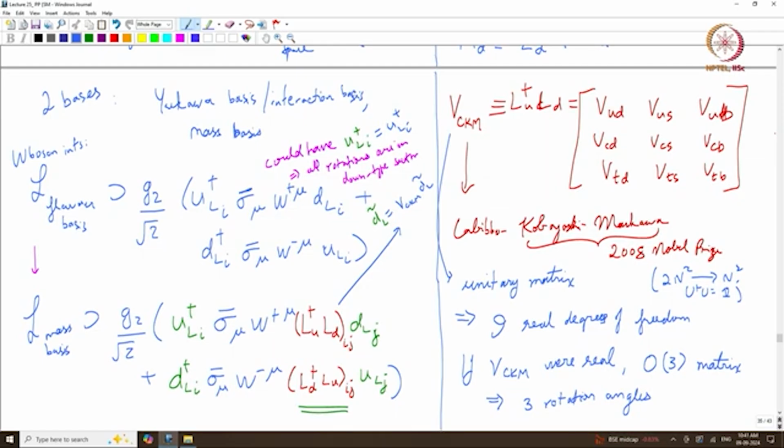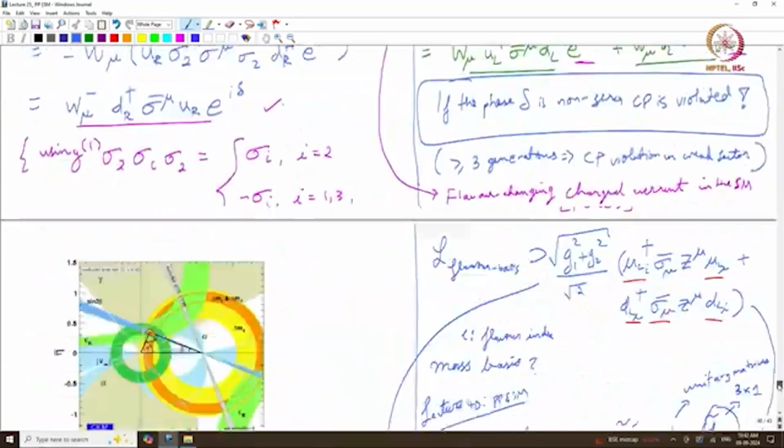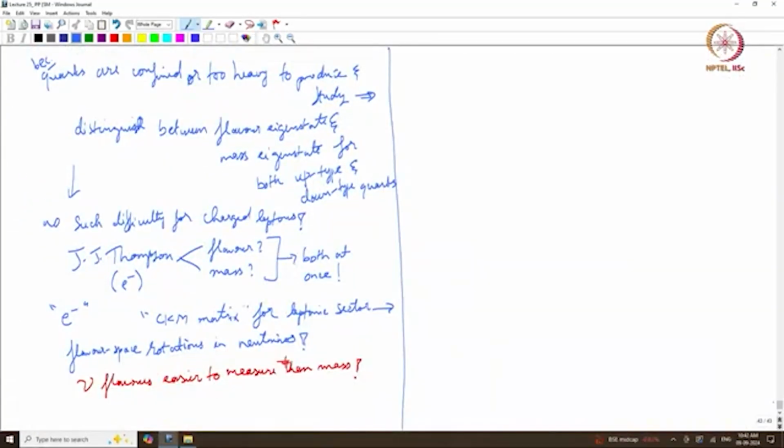Other people will keep the down sector unrotated and put all the flavor rotations in the up sector and define that as a CKM matrix. In this case, CKM matrix dagger. So that is the sort of thing we are doing here, but in this case this kind of a structure is forced upon us because the charged lepton mass eigenstate and flavor eigenstate need not be distinguished.